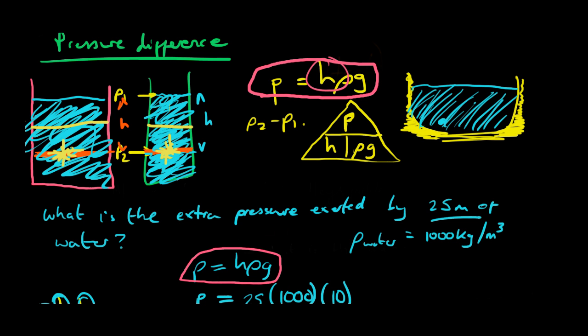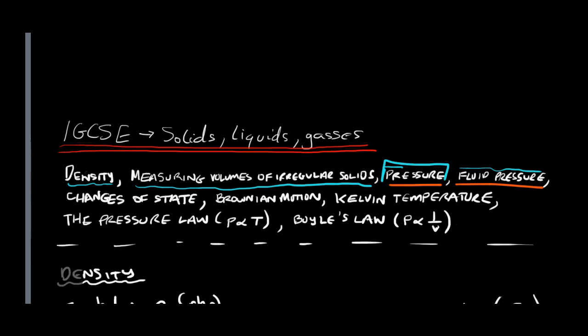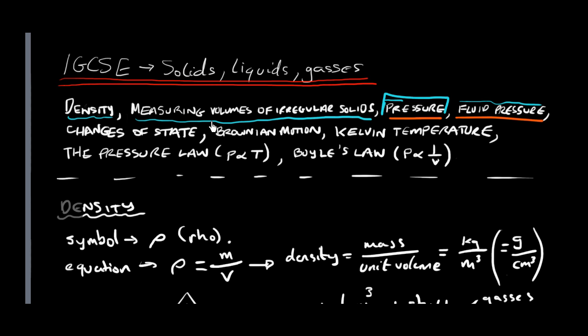Alright, so far in these videos we've talked about the ideas of density. We talked about measuring volumes of irregular solids, talked about pressure and fluid pressure, and so we looked at the formula for density and the formula for pressure.